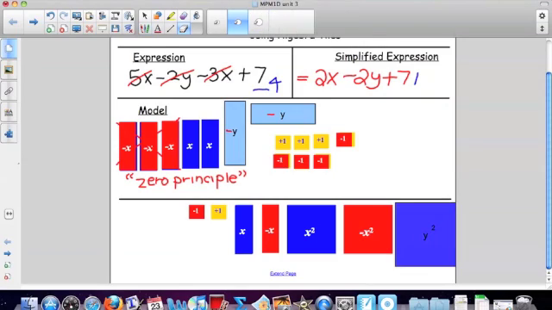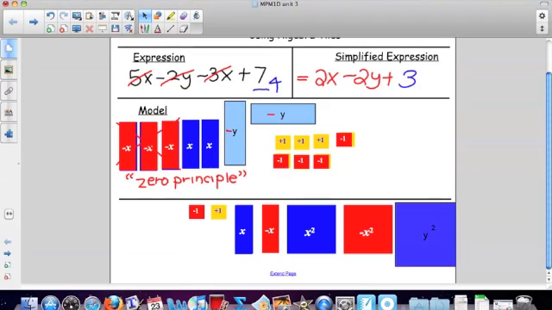So instead of positive 7, it would be positive 3. Okay? So whenever you are using algebra tiles or on the test to illustrate a concept, remember to use colors. Make sure that the zero principle is clear, because I need to understand what you're doing in order to give you a mark for your test.